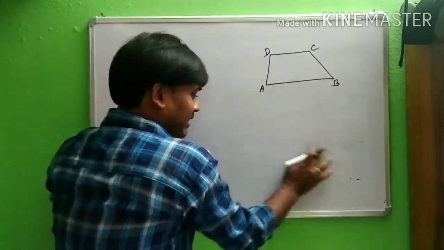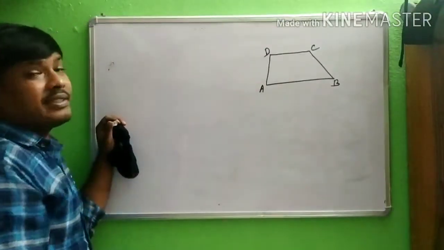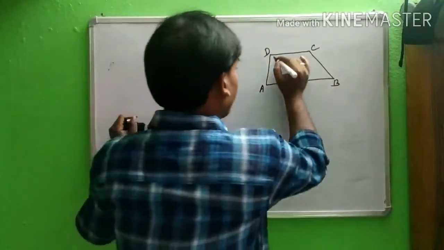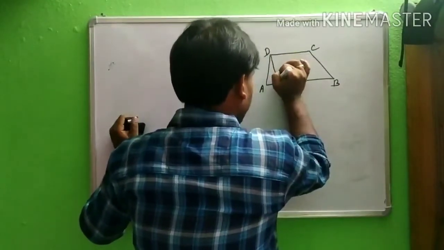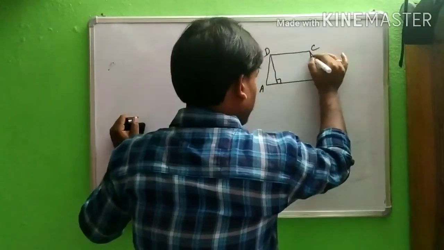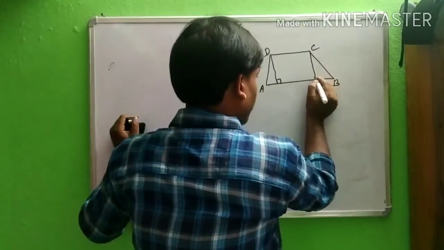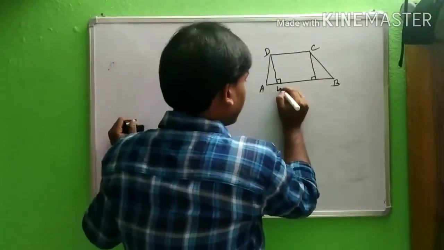We will find the area of the trapezium ABCD. First, we draw two perpendiculars and give the name EF.